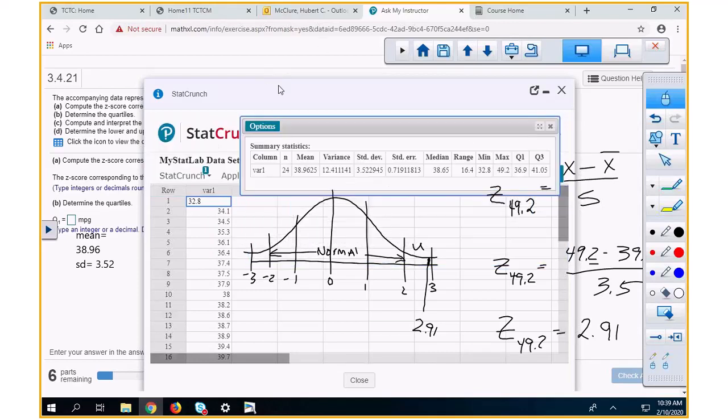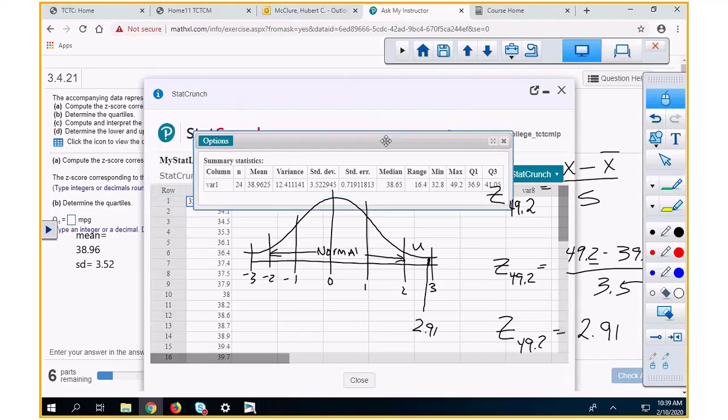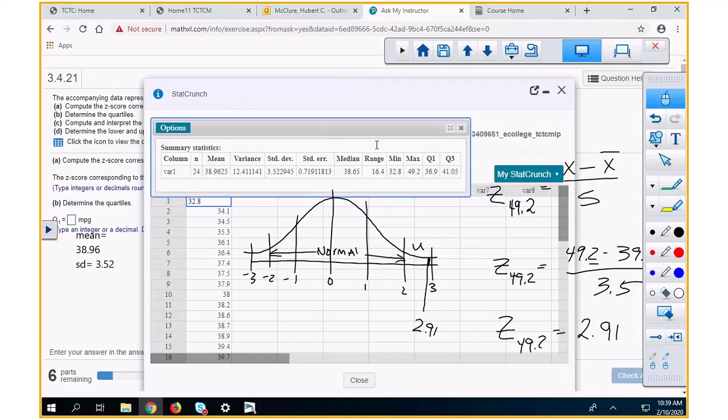Write down the median and the four numbers over here: 32.8, 49.2. The first quartile is 36.9. The third quartile is 41.05. And the median is 38.96.